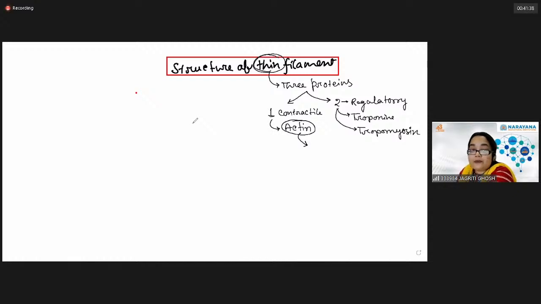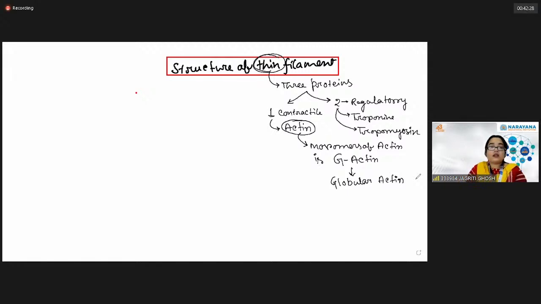Like in the thick filament, where myosin was a polymer and its monomers were known as meromyosin, similarly the monomer of actin is G-actin, which is also called globular actin.